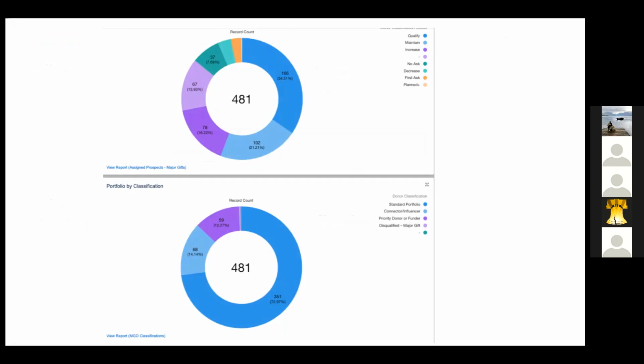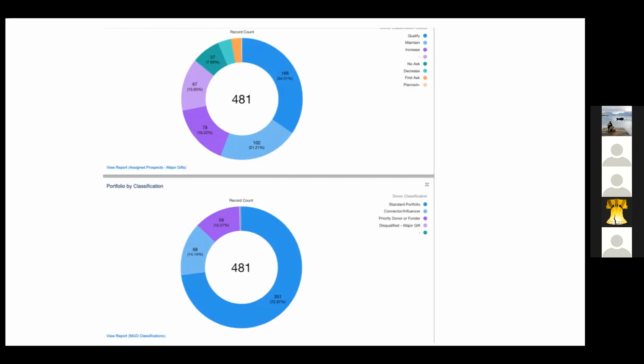We all can easily see how many people we have to qualify this year. It's that darkish blue, 166. It's kind of a lot. It's 34%. It's actually a little high, but I know why that's true. But having that data in the system allows us to take a quick look at all portfolios and go, where is the work this year?